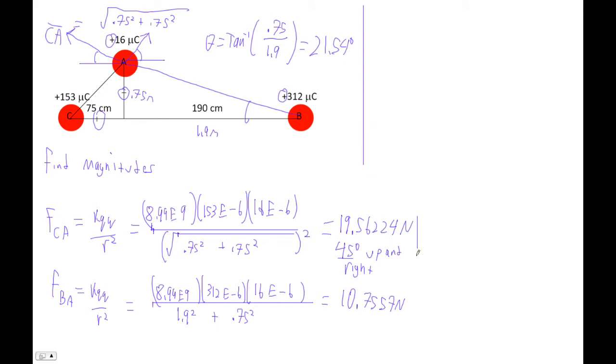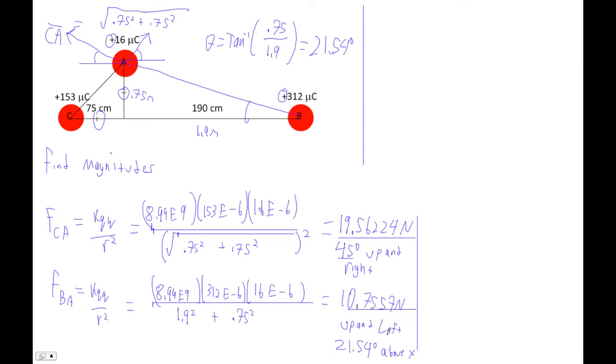Okay, let's partition off this space. These take up a lot of space. So this is up and left, 21.54 degrees above the x-axis. So we've got the magnitude of the forces, and we've got the direction.